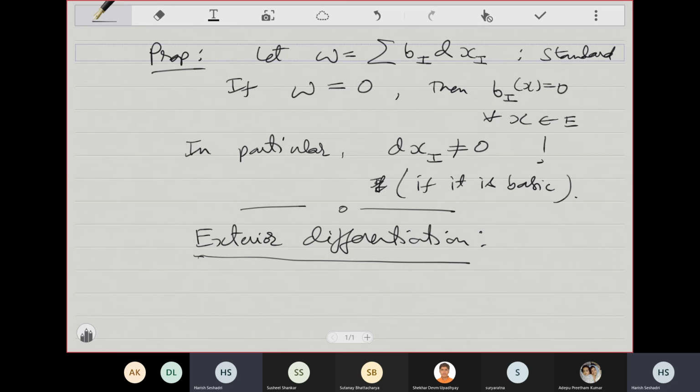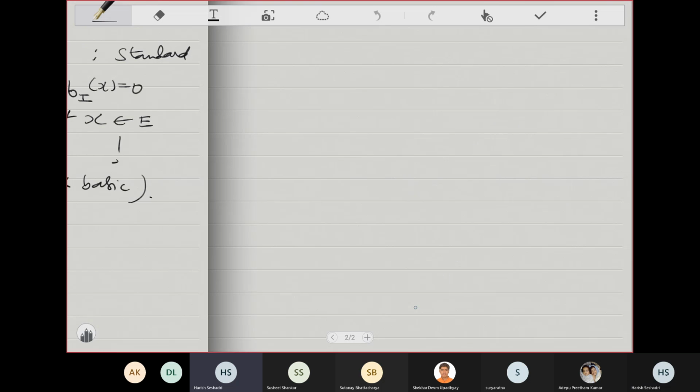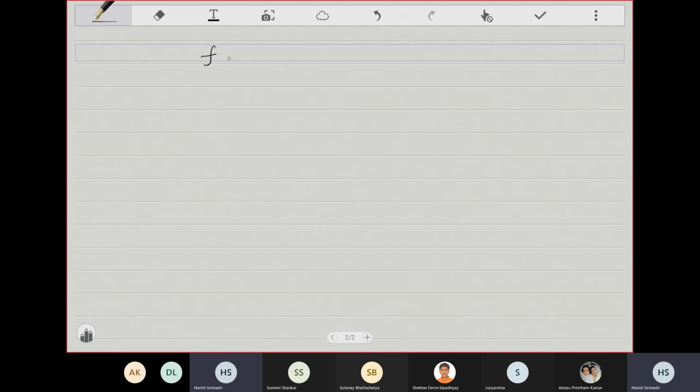Let's recall quickly how we had defined it. If f is a C1 function on E, so this is a zero form, f is in C1 of E, where we have identified zero forms and functions as the same, in this case C1 functions.